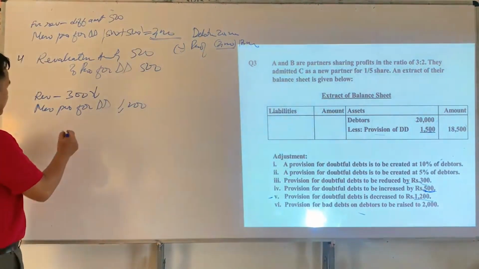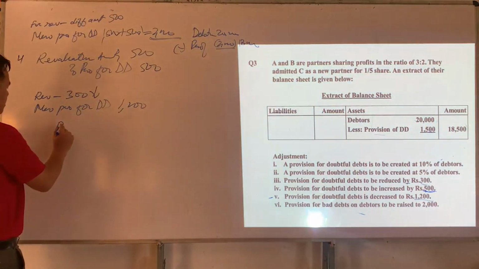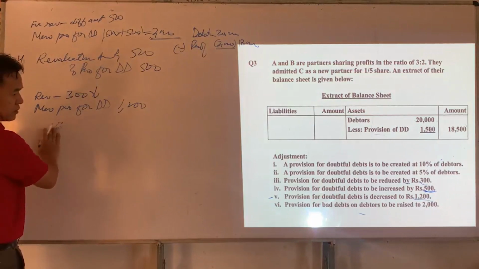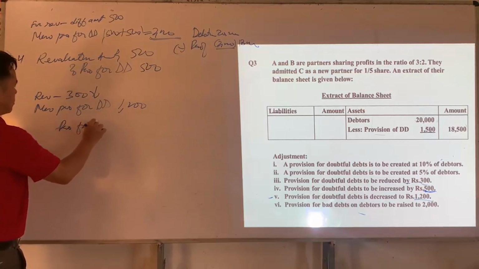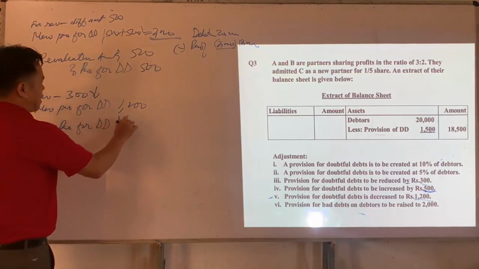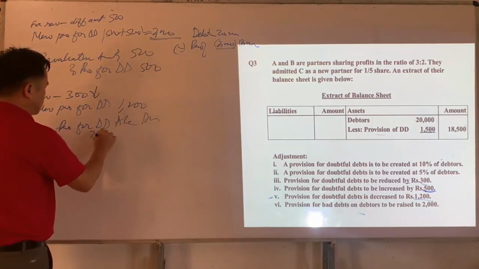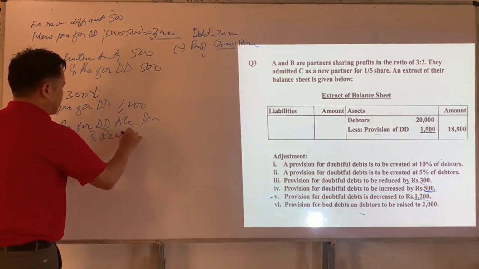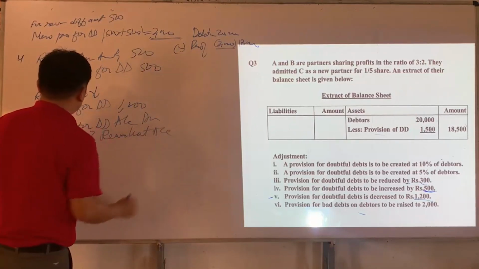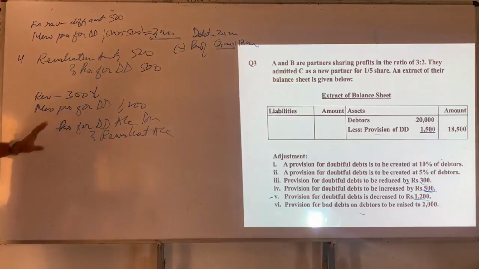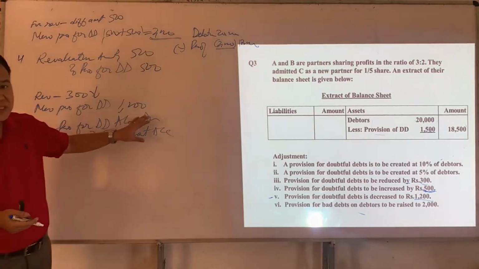And the journal entry is provision for doubtful debt account debit to revaluation account. So why is provision for doubtful debt account debited here?